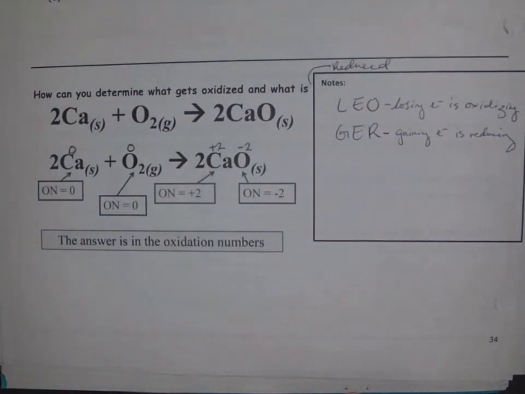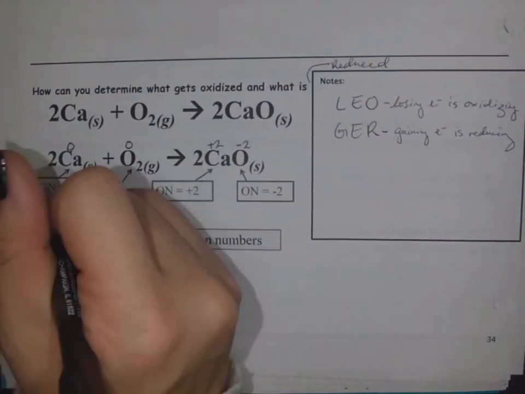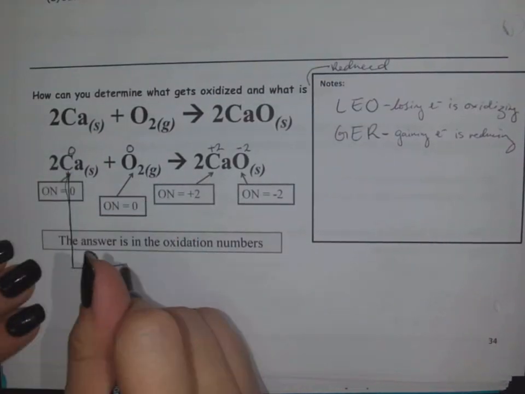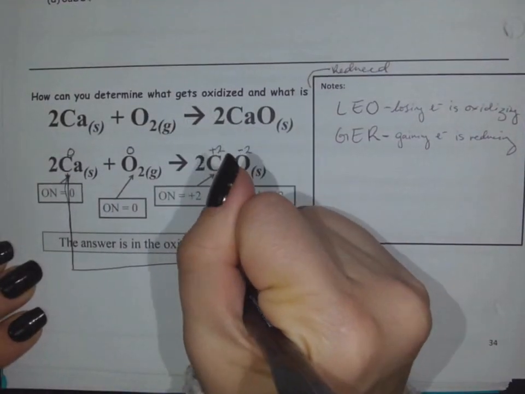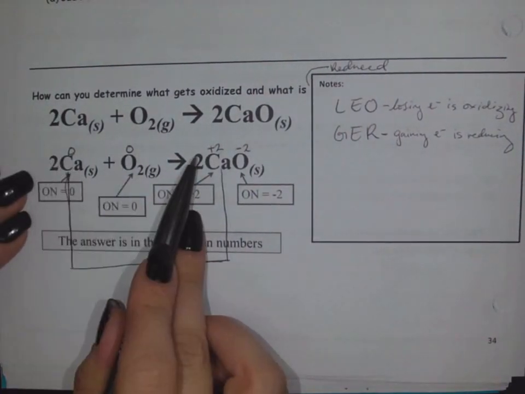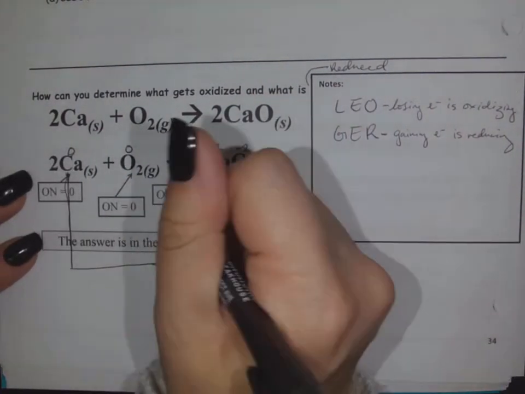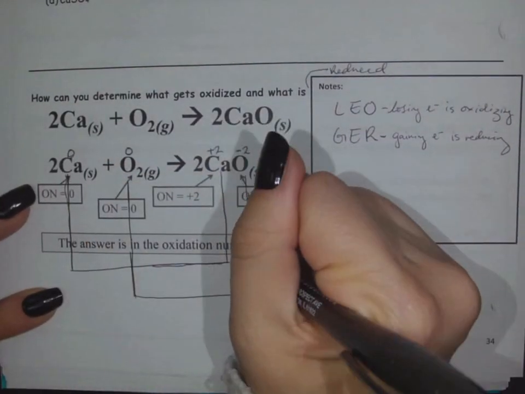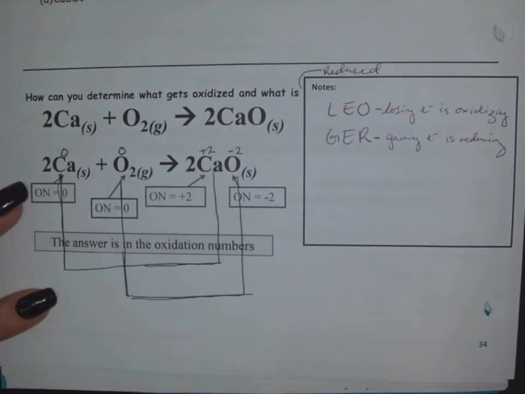So calcium went from 0 to a +2. Its oxidation number went from 0 to +2, whereas oxygen went from 0 to -2.